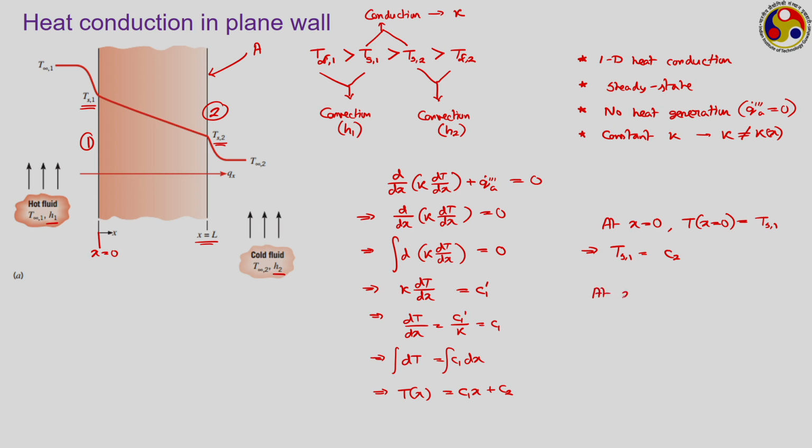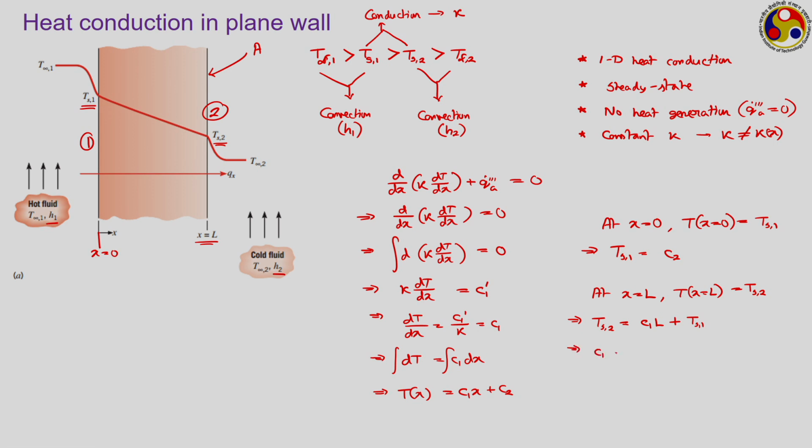Similarly, at x equal to L, temperature of the wall is equal to Ts2. So, we have Ts2 equal to C1 L plus C2.